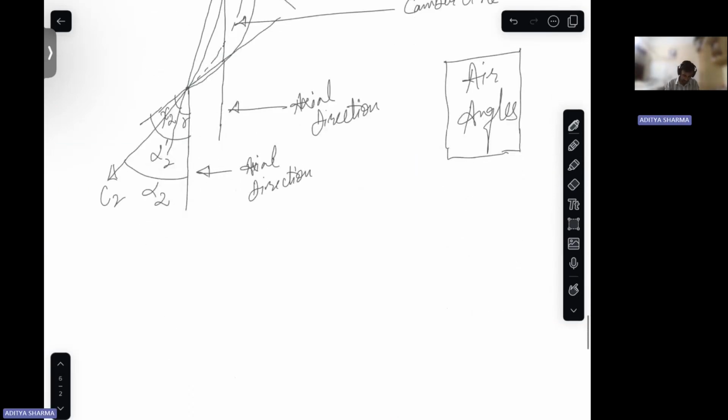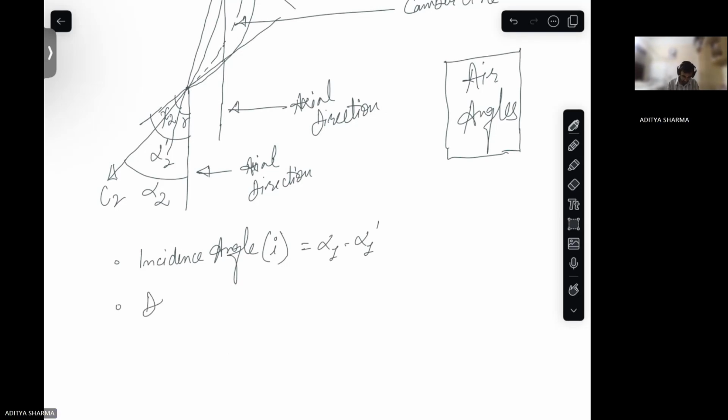Then there are a few other angles which are derivatives of these angles only. One is your incidence angle i, which is alpha 1 minus alpha 1 dash.